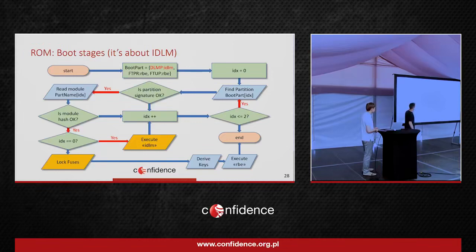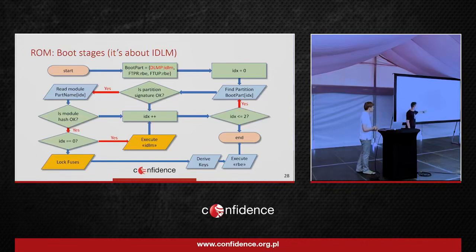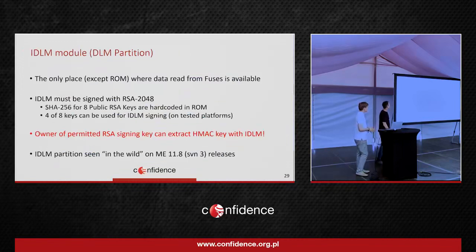And the main idea of this picture is that during this stage of execution, the system still has fuses in memory. So if you have the ability to run code at this place, you're able to execute anything and calculate anything, even things that are not available using JTAG. And here is some info about the IDLM partition.